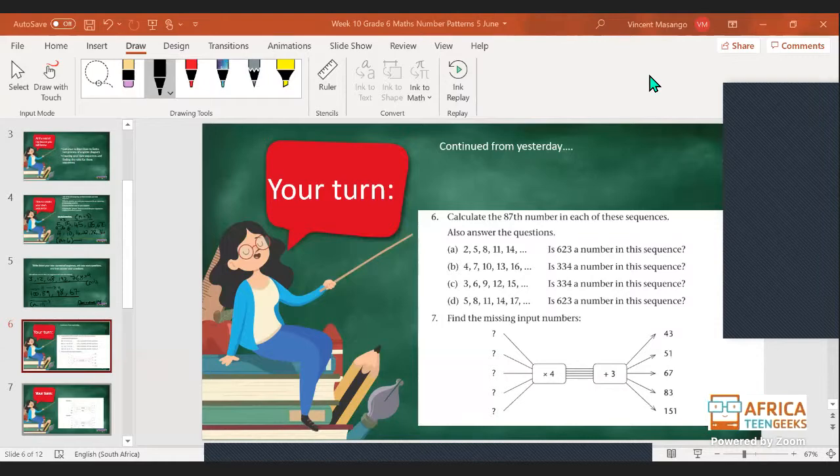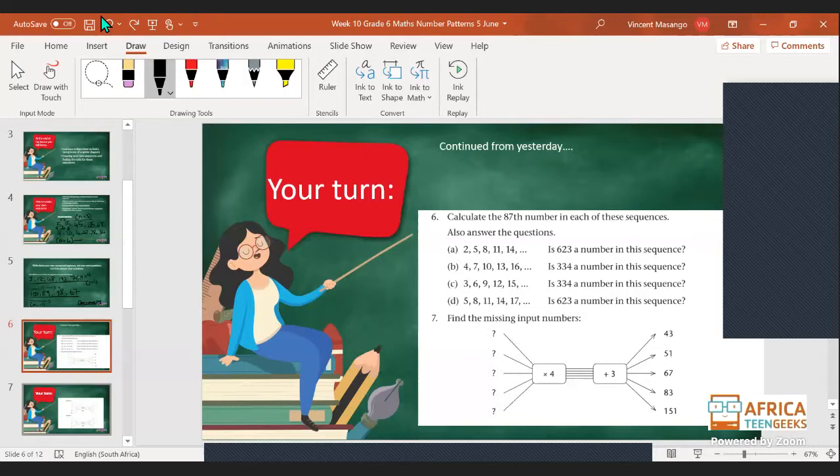Also answer the questions. And the questions are, is 623 a number in this sequence? And that question is being asked particularly for the sequence in sequence A. Okay, so each sequence has just one question that is directed to it.